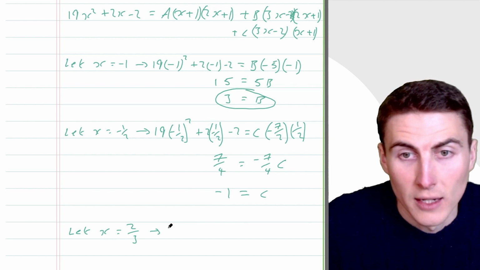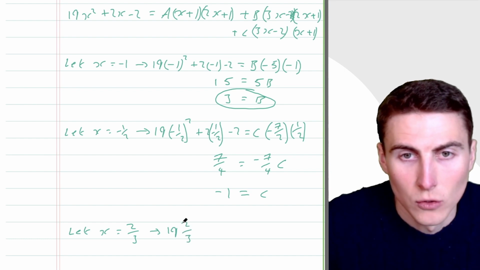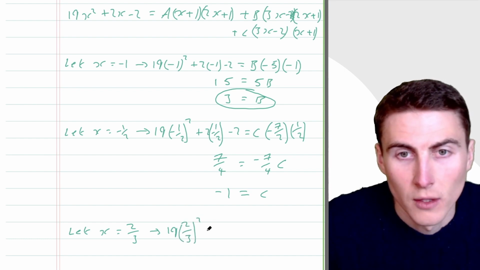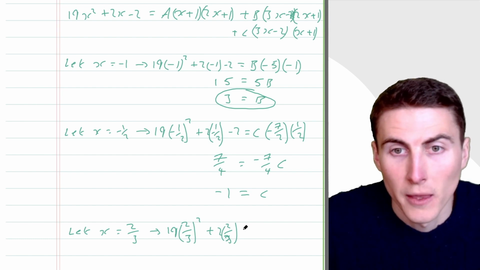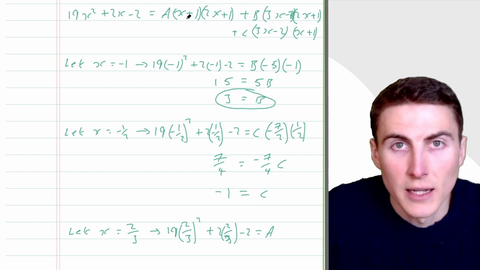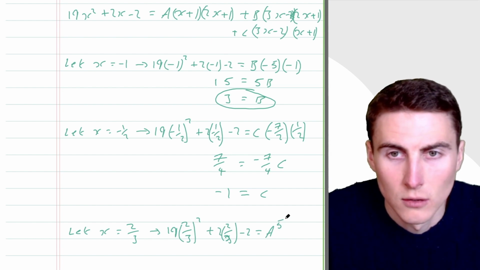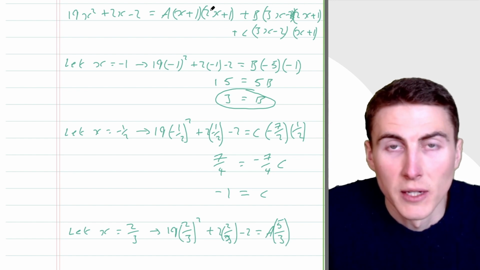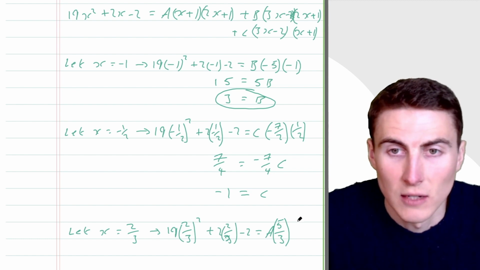So that will mean that we have 19 sets of 2/3 squared plus 2 sets of 2/3, 2/3 minus 2. And that will give us a sets of, so if this is 2/3, 2/3 plus 1 is 5/3. And this bit here, again, if x is 2/3, this bit here is 4/3, add that, takes us to 7/3.